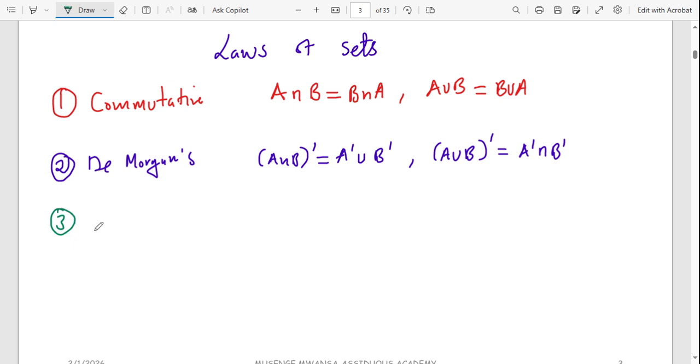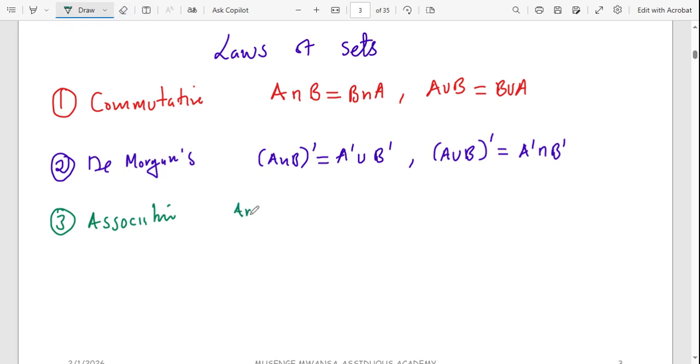The third one is the associative law. Now the associative law is like if you have 1 plus 2 plus 3, it's the same as first adding 1 plus 2 and then adding the 3. That's the associative law, and it is true for an intersection and a union of sets.